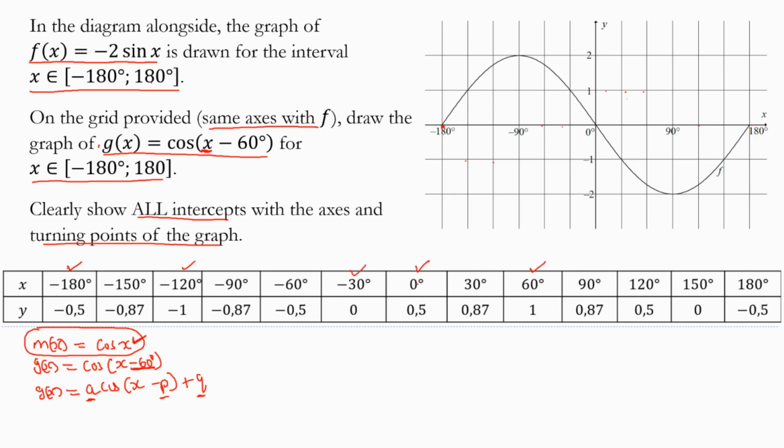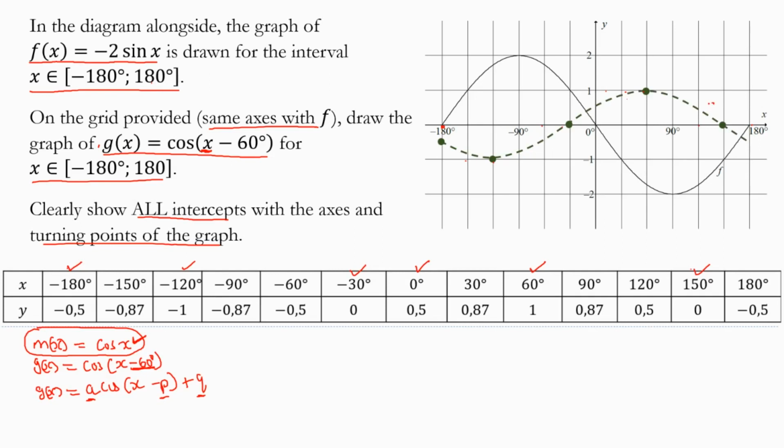This one is very important, that's the y-intercept. And this point also. We can use those points to sketch our graph. So we sketch our graph like this, and this is the graph that we have, which is the graph of g(x).